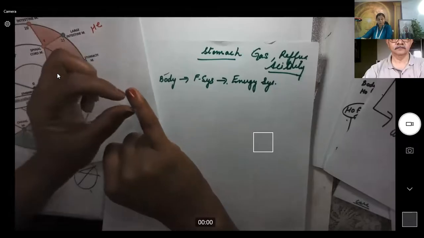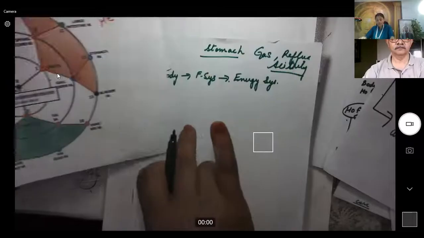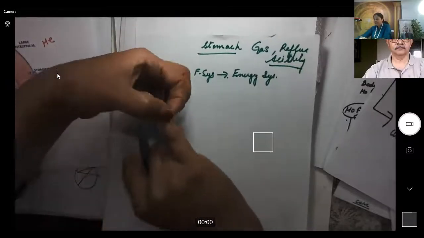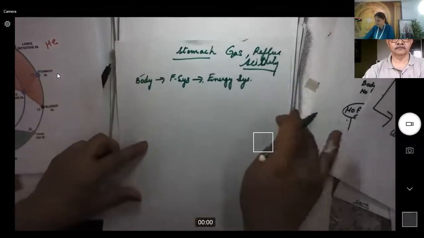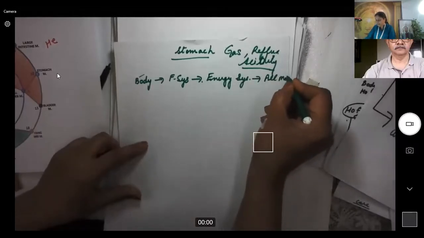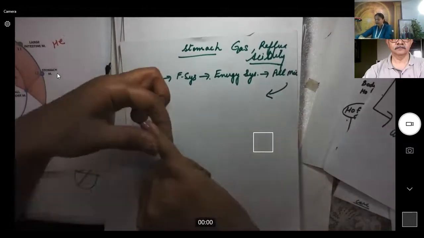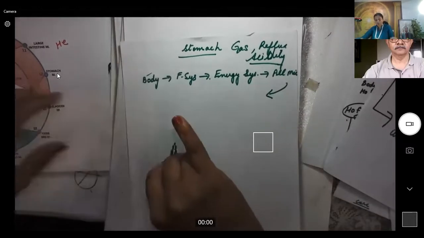So we have to be very clear because we have red group, blue group, green group, meridians. So important to mention here we have all meridians.